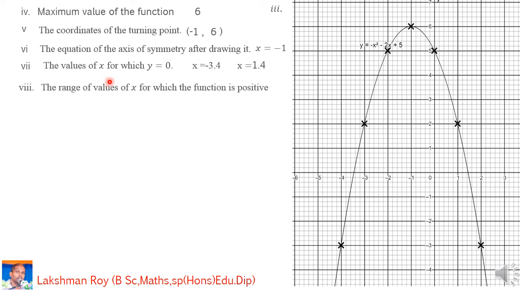Next one, range: the range of values of x for which the function is positive. Be careful. Function is positive means above the x line. Above this x line, y is positive, so the graph in this part is positive.